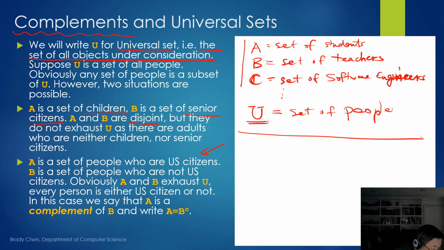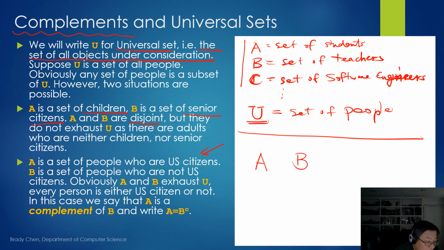Definitely A and B are disjoint, right? But A and B exhaust the whole universal set, the set of people.